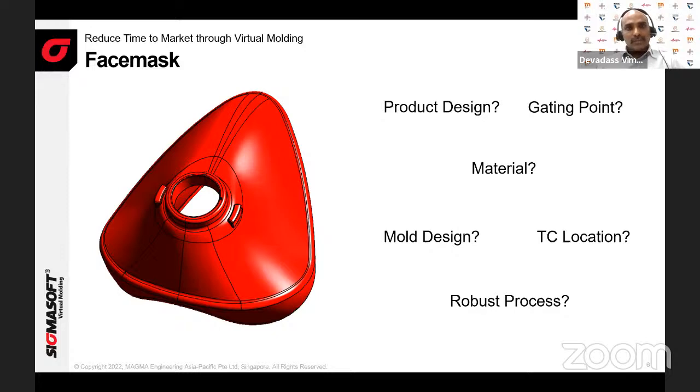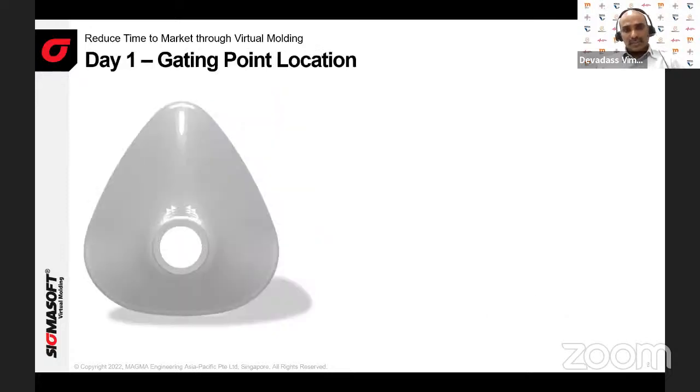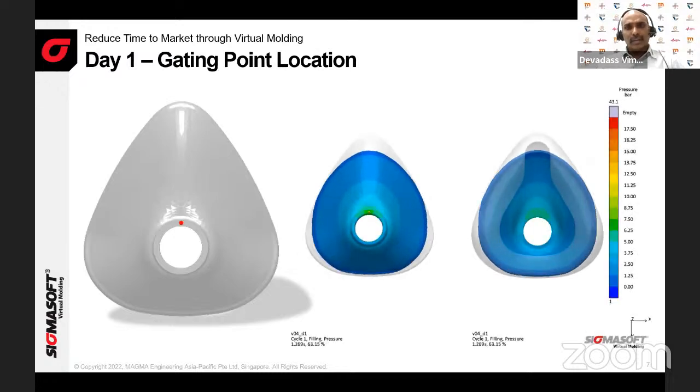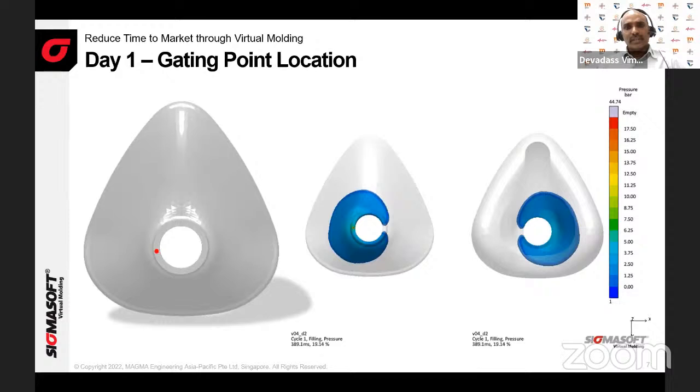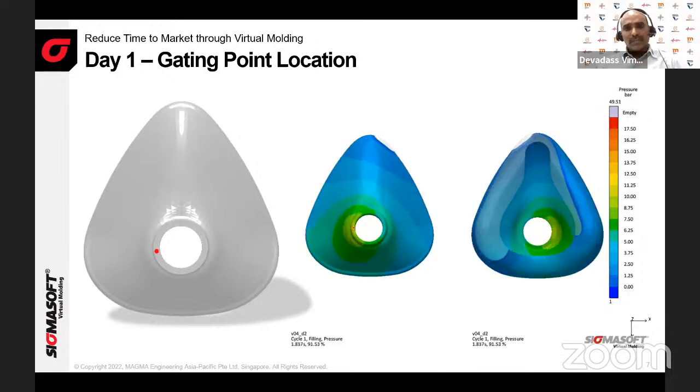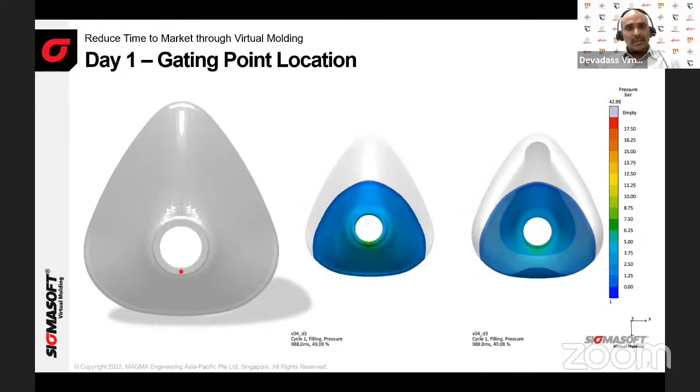But once we got the design, we started to work with our simulation software, Sigmasoft, to check one by one. First of all, the gating point. On day one, we started with the gating point location. We had different gating locations in mind. Then we used Sigmasoft to find out whether these locations are correct, or which is the best one.